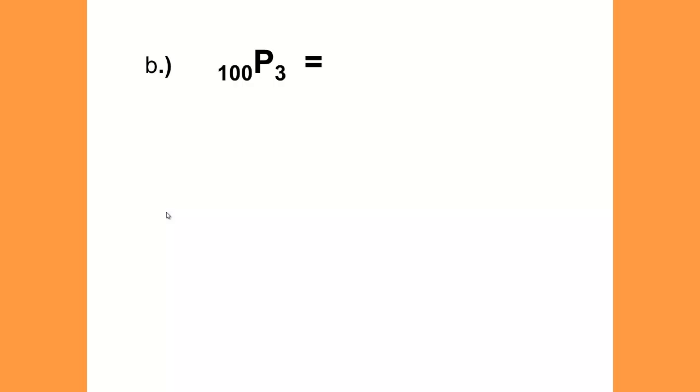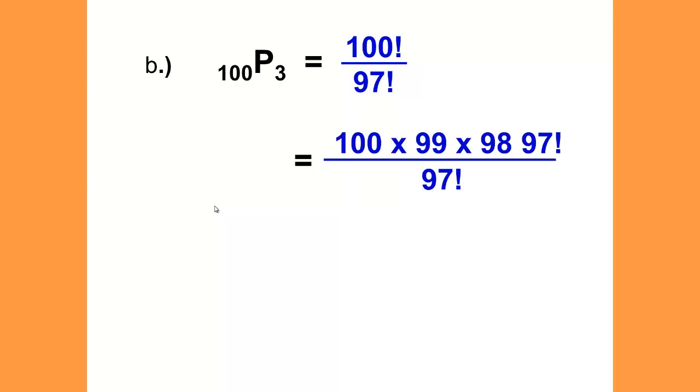Now it's time to look at letter B. B has much larger numbers, but it's actually a shorter problem. First, the factorial form of the formula, remembering to put 100 on top, and the difference, 100 minus 3, which is 97, on the bottom, both with factorials. So we have 100 factorial over 97 factorial. Then we count down the top until it matches the bottom: 100 times 99 times 98 times 97.